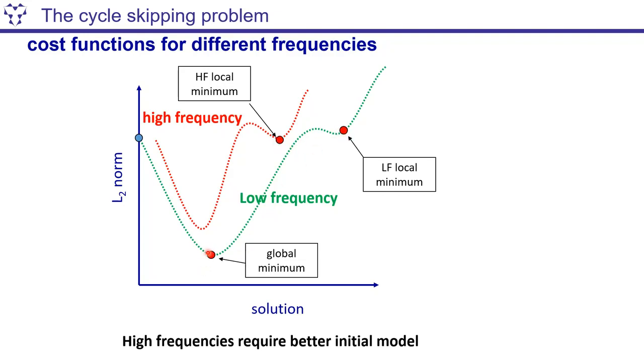Now, the cost functions at low frequencies tend to be much more open. So if we start with any initial velocity that is located, for example, anywhere in this area, for the low frequencies, we still will achieve convergence. But if we start at a similar point for higher frequencies, we may get trapped in these local minima and therefore not be able to achieve the solution.